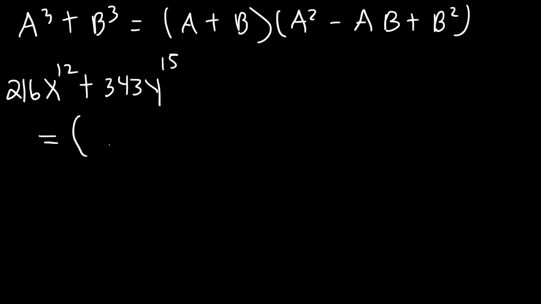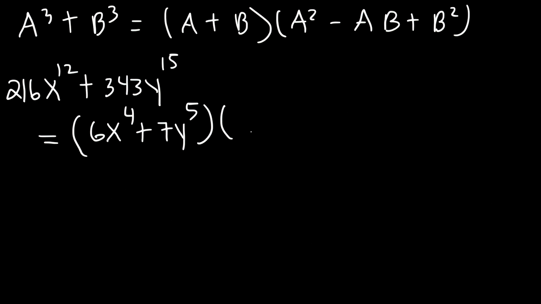The cube root of 216 is 6. The cube root of x to the 12th is x to the 4. 12 divided by 3 is 4. The cube root of 343 is 7. And y to the 15 is going to be y to the 5th power, because 15 divided by 3 is 5.